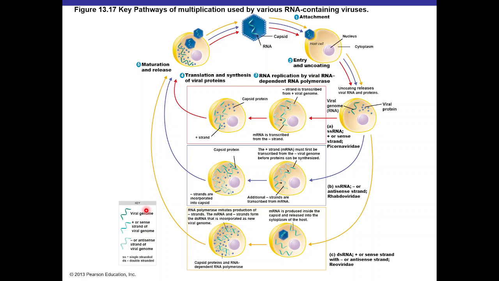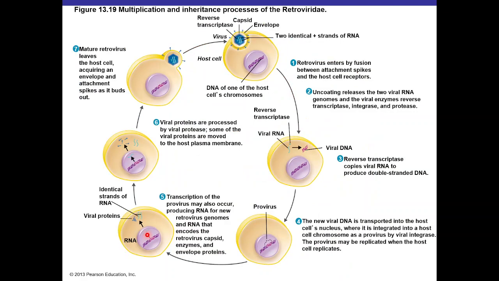So for messenger RNA then, for RNA viruses, you can have negative strand or antisense, positive strand or sense, and you can have single-stranded or double-stranded. And if it's double-stranded, it has to be plus sense and antisense.